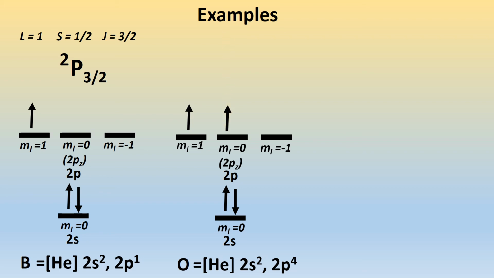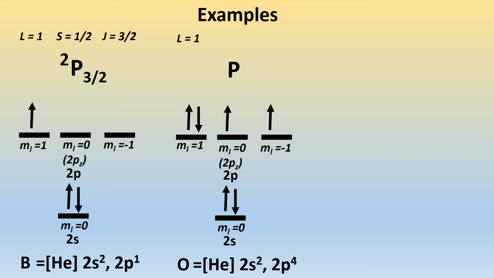The electrons are entered according to the Aufbau principle from the bottom to the top, and bearing in mind that no orbital can have more than 2 electrons. In this configuration, if you add up the angular momentum of each electron, you have L equals 0, plus 0, plus 1 for an L value of 1, which gives rise to a P state.